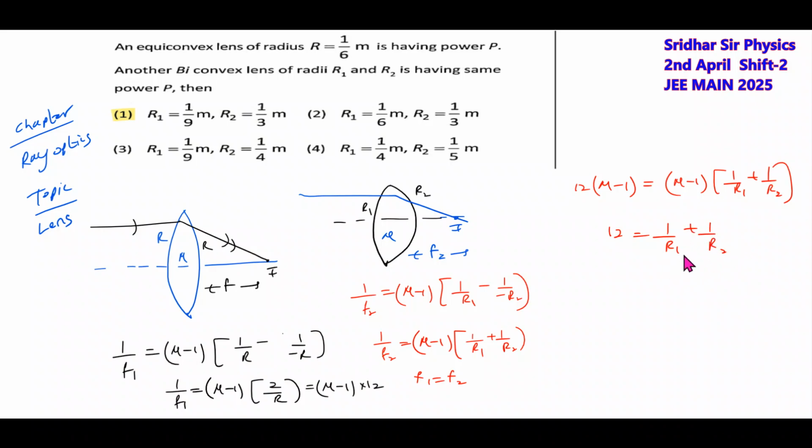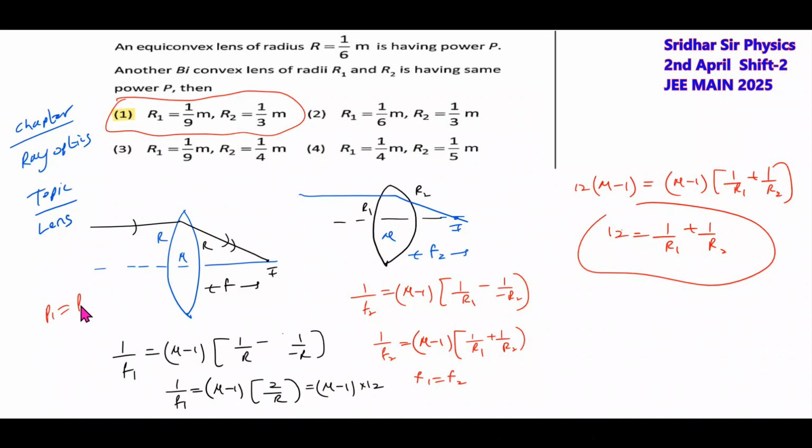So choose some values of r1, r2 which will satisfy these options. Okay, it will satisfy this one. 1 by 9 plus 1 by 3, if you choose it, it will satisfy this equation. This is based on the power. Power means reciprocal of focal length will be power. That's the concept.